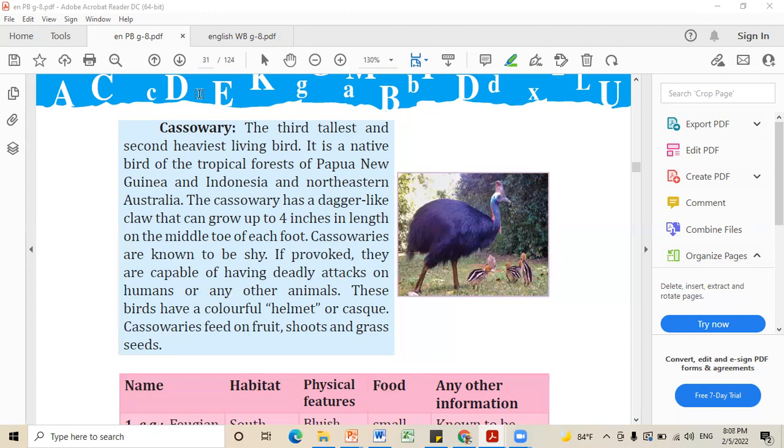Cassowaries are known to be shy. If provoked, they are capable of deadly attacks on humans or any other animals. These birds have a colorful helmet or casque. Cassowaries feed on fruit, shoots, and grass seeds.